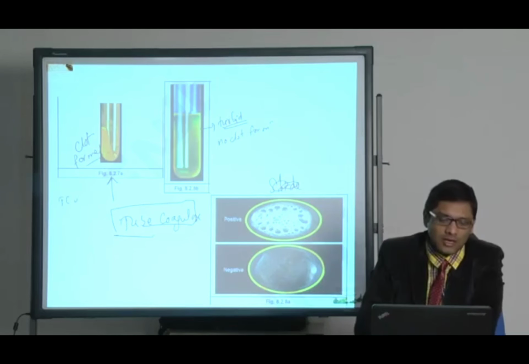For example, the tube coagulase and slide coagulase are both positive for Staph aureus, Staph hyicus and Staph intermedius.